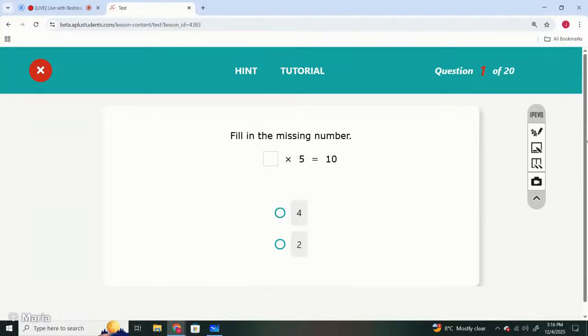The options we are given are 4 and 2. So 2 times 5 is 10. The correct option is 2. Very good, option number 2 is the correct option.